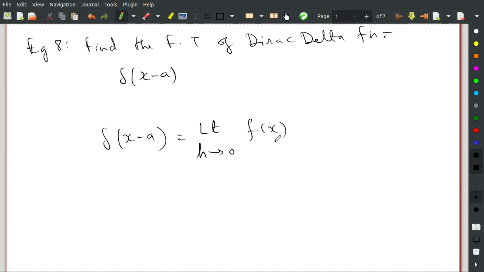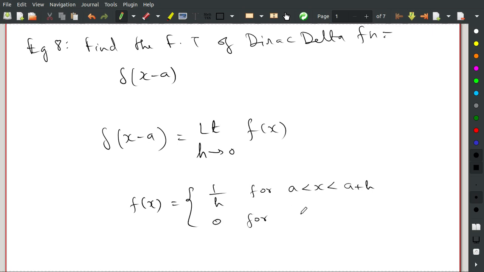And this f of x equals one by h for a less than x less than a plus h, and 0 for all other values.